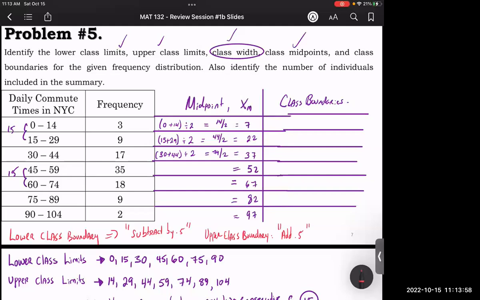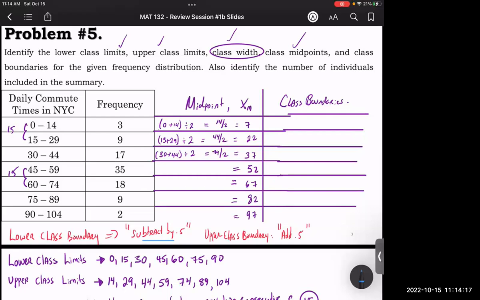So look at your first class. If your first class is from 0 to 14, then what do you think would be your lower class boundary for the first class? In other words, subtract 0.5 from the first lower class limit.